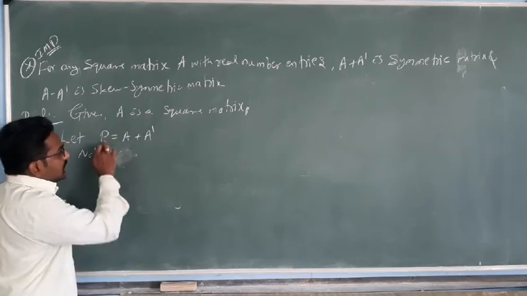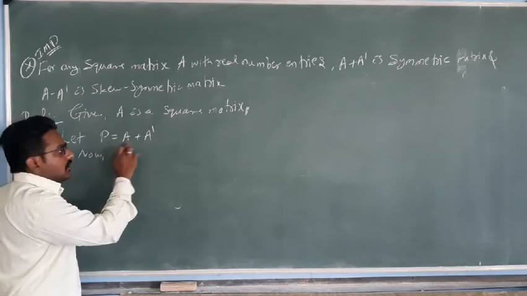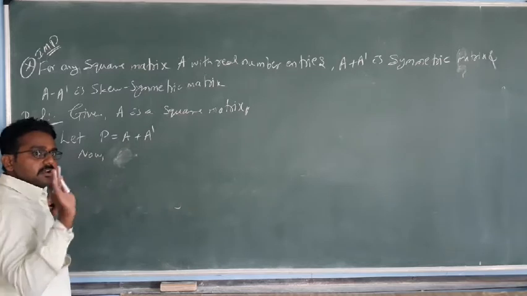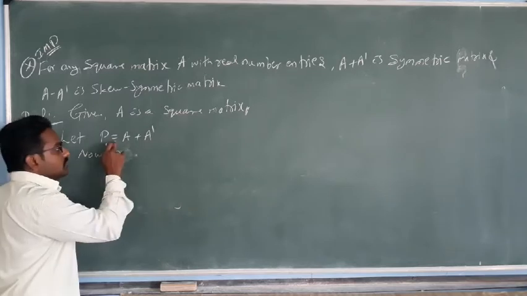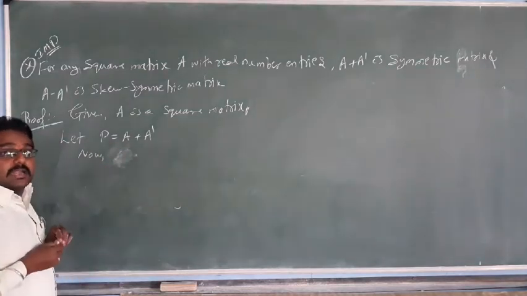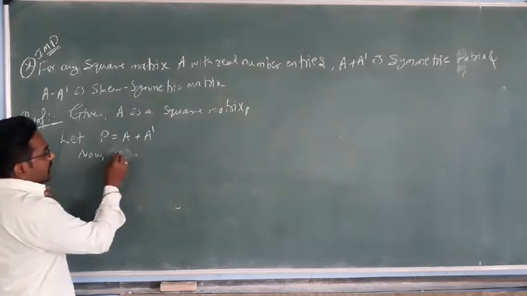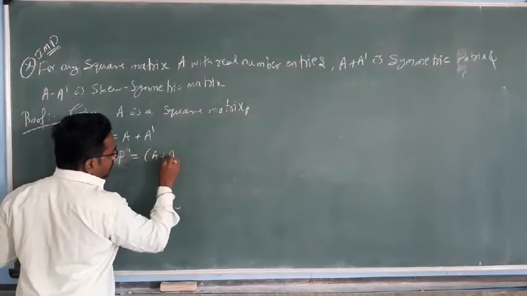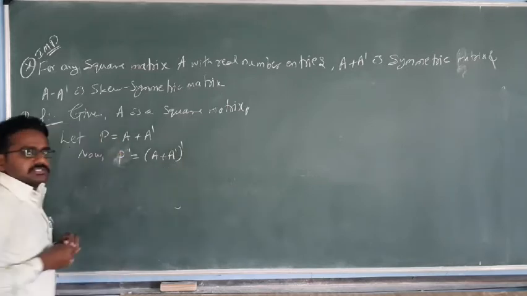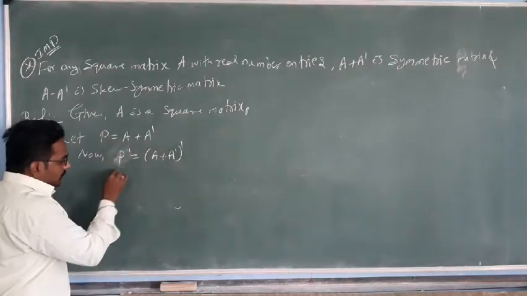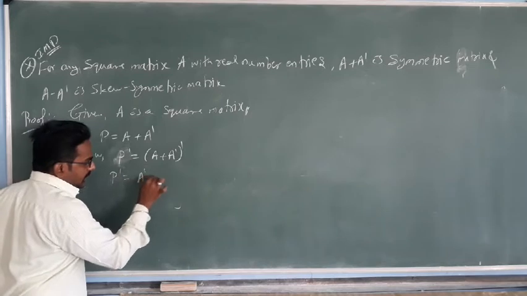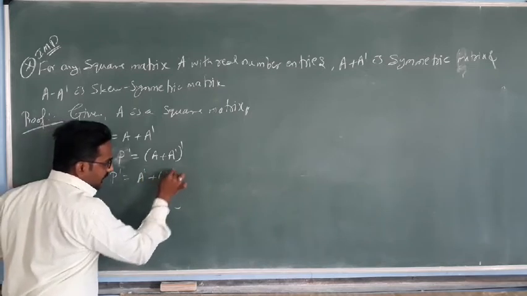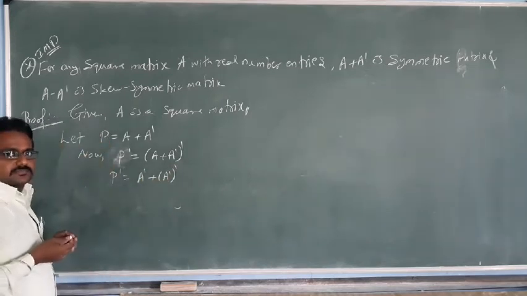P is also a matrix of the order of A plus A dash itself, not a different order, because we are using the equality of matrices here, students. So P dash equals A plus A dash whole dash. So P dash equals A dash plus A dash whole dash.